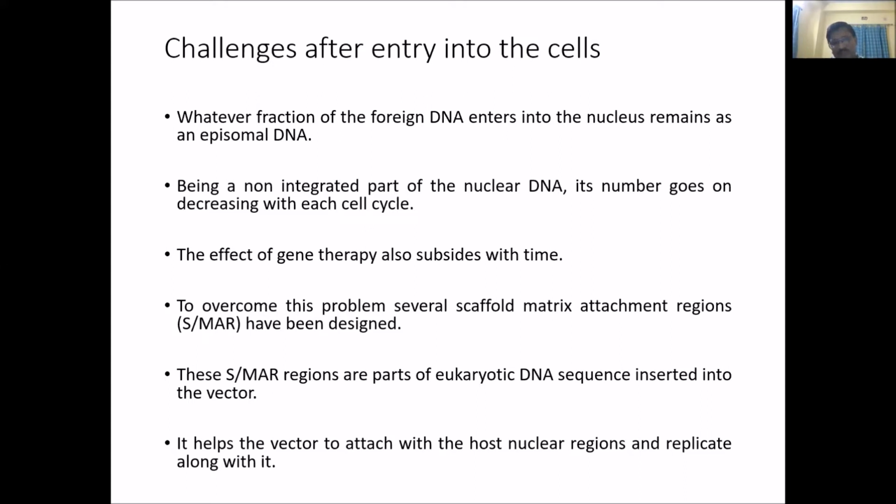It remains tagged at the outside wall of the nucleus, and that's why whenever the nuclear DNA divides, it also divides. So this is a very good engineered DNA, using these scaffold matrix attachment regions attached to the foreign DNAs, the therapeutic genes, so that they can enjoy the same number of cell cycles as the nuclear DNA.